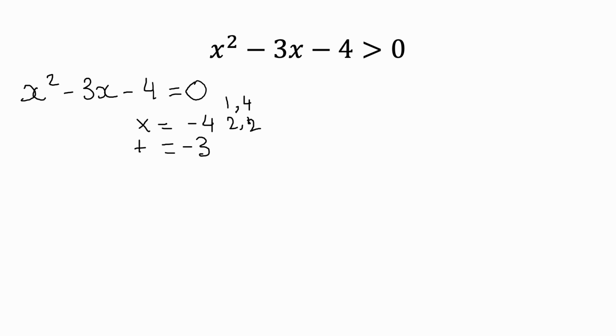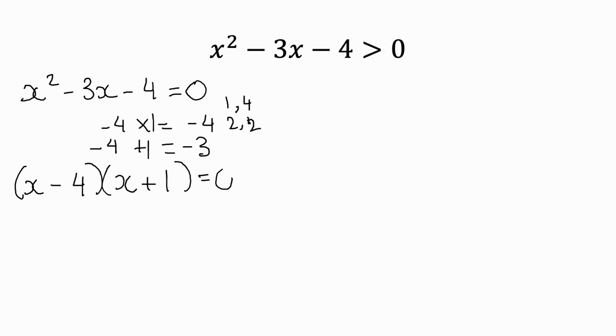As we can see, this pair would have to be -4 and 1. -4 times 1 makes -4, and -4 plus 1 makes -3. So that is what's going to be inside our brackets: x minus 4 and x plus 1 is equal to 0.